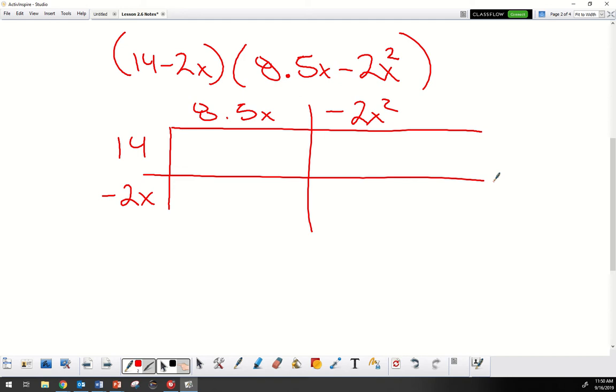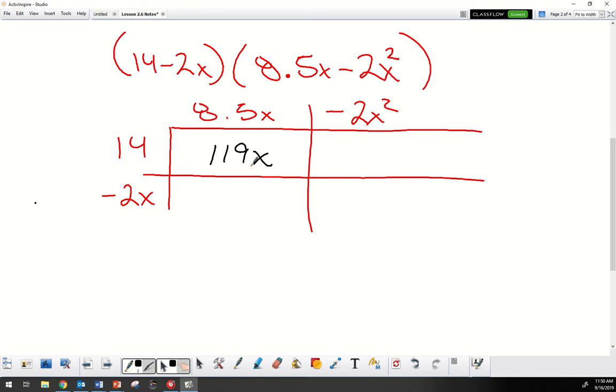So doing it this way, we're just going to multiply in my coordinate here. So I have 14 times 8.5x. 119x. Very good.